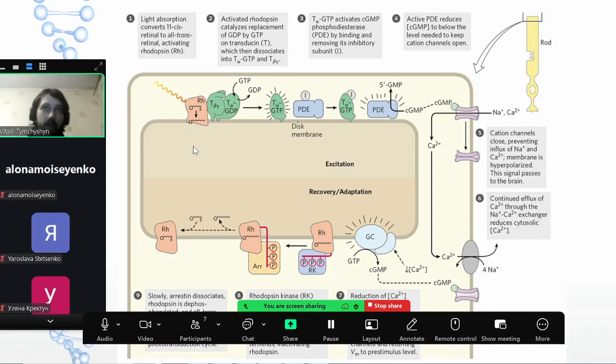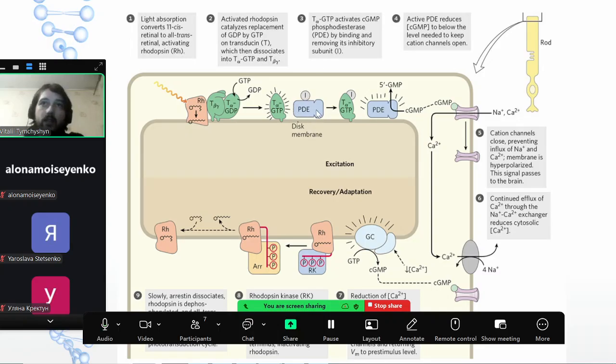They catalyze the replacement of GDP by GTP in transducin. That's the G protein in rods and cones, which then dissociates. You remember it consists of 3 parts, alpha, beta, and gamma. The most interesting for us here is the alpha part, and the T alpha GTP dissociates from T beta gamma. Then this T alpha GTP activates the cyclic GMP phosphodiesterase.